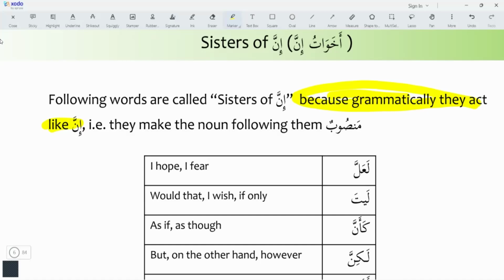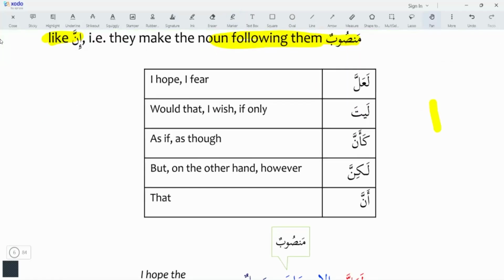They make the noun following them mansub. That's why we call them harf tawkid, harf mansub. And these are the six I just showed you in another table.